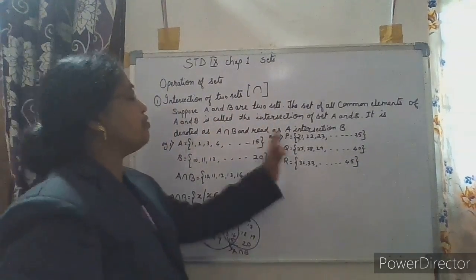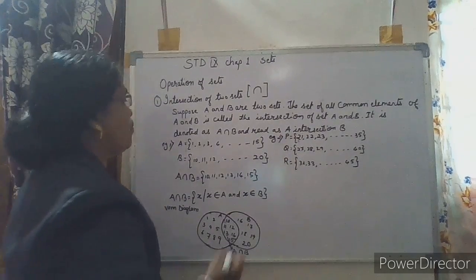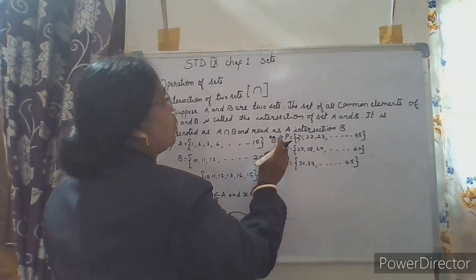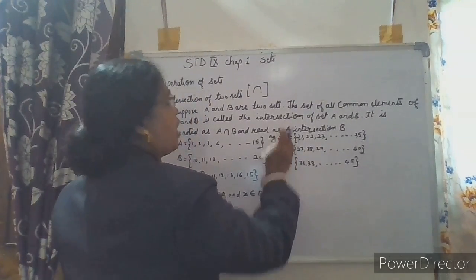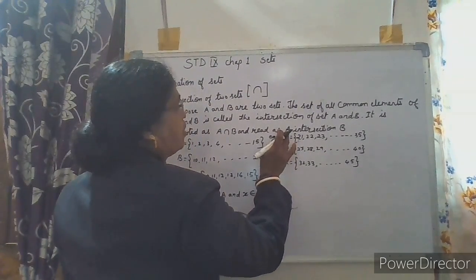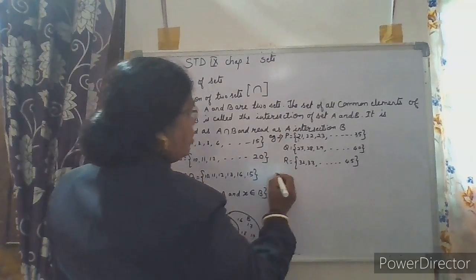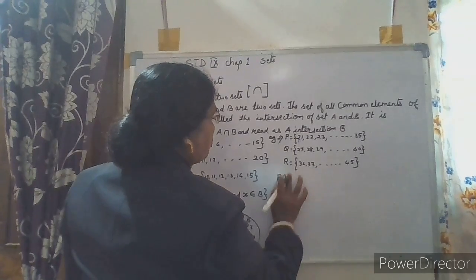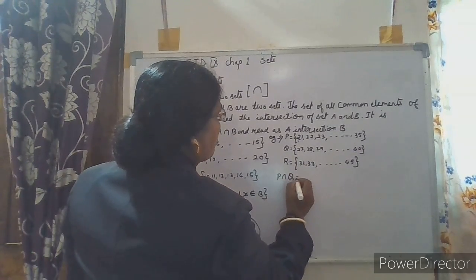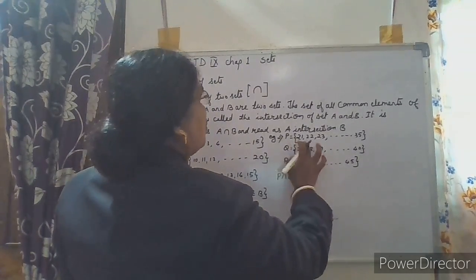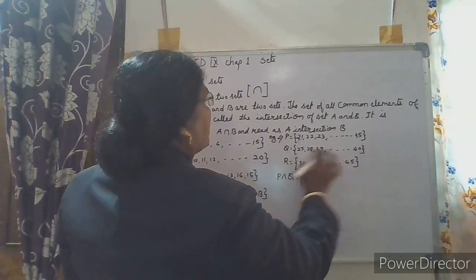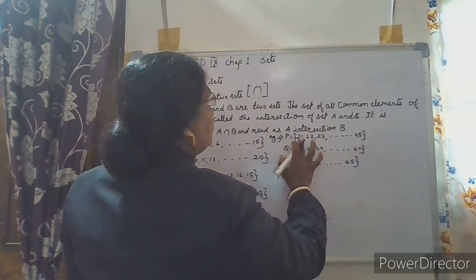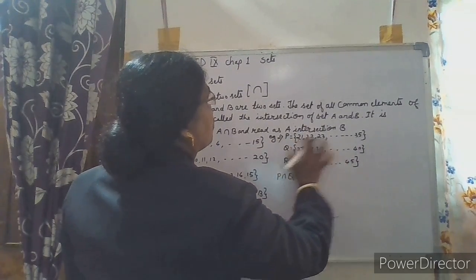These are three sets. Now we can find intersection of P intersection Q, Q intersection R, and intersection between all three, that is P intersection Q intersection R. So P intersection Q. P and Q, set P and Q, you see the common elements.